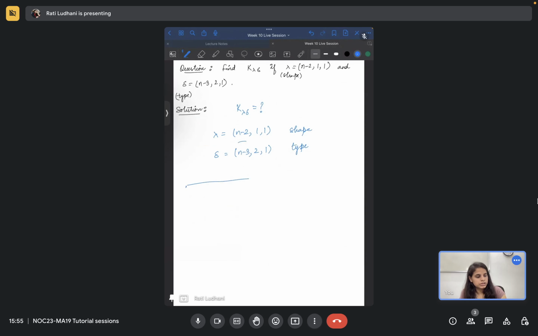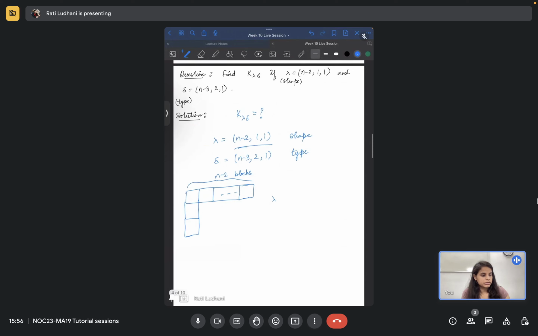So the first row is n minus 2 blocks. n could be anything, so it's just a general thing. Now 1 and 1, so you have 1 in the second row and 1 in the third row. So this is lambda. Okay, now let's see what we have.